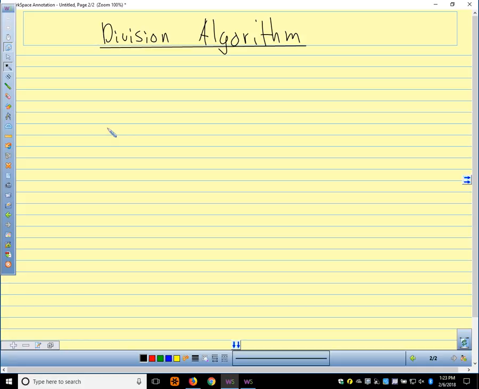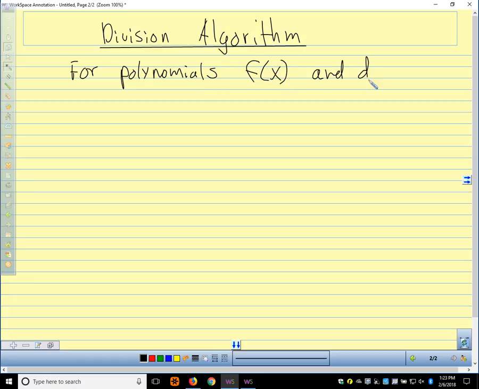All right, our division algorithm says that for polynomials f of x and d of x, where the degree of d of x is less than or equal to the degree of f of x.